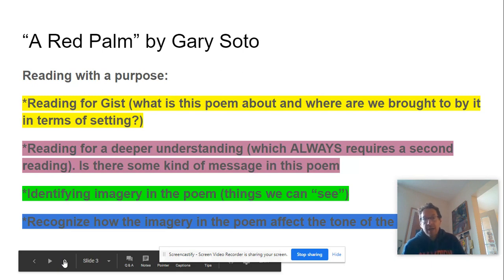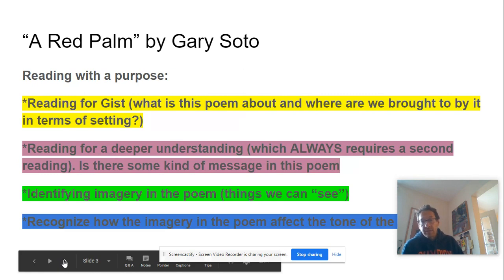What kind of background knowledge do I have? You can even think back to anything you've read independently that takes place in a rural area, someplace where there are farms. Think about Lenny and George. You bring knowledge with you into what you read. So reading for gist, general understanding, and certainly setting is part of it. Where and when does this take place?